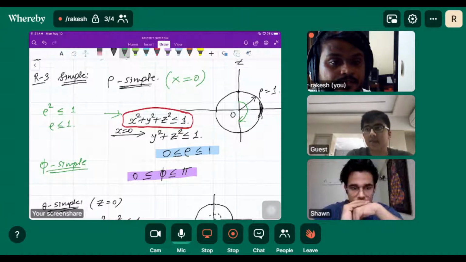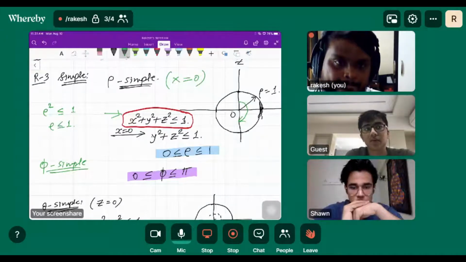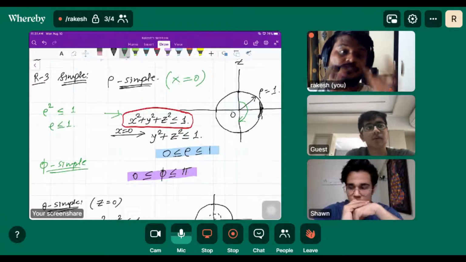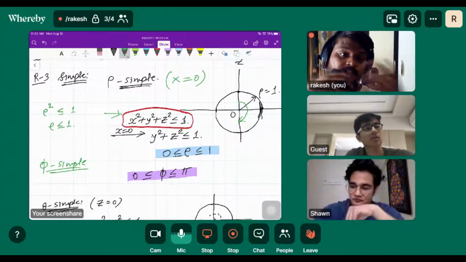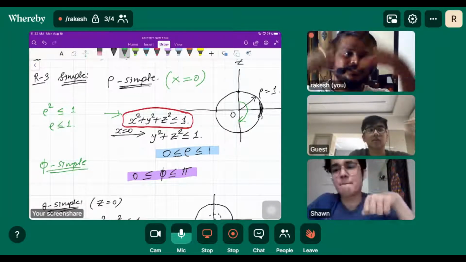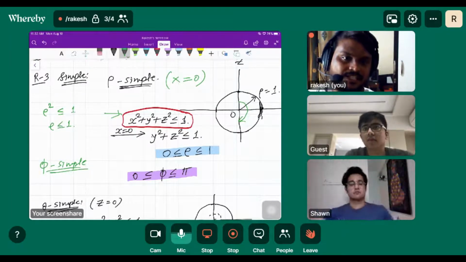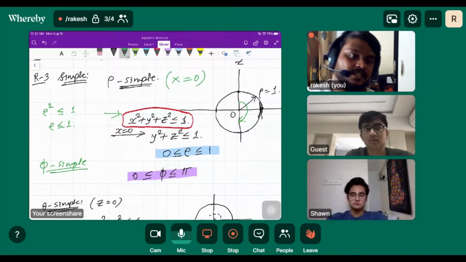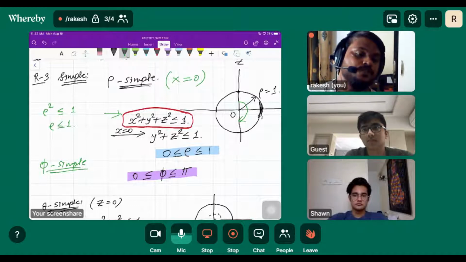Right now we are doing these steps only for explanation. If we already know that phi is between 0 to pi and theta is between 0 to 2 pi, that is because we may have a different surface. For this particular surface, since this is a sphere of radius less than or equal to 1, the angle is going from 0 to pi.